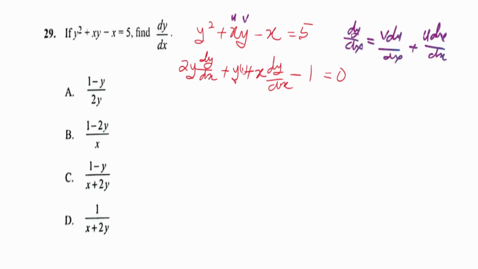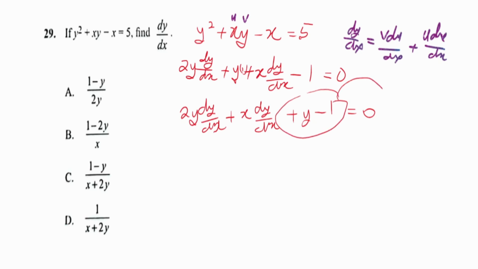Then remember I told you earlier that we have to group the dy/dx terms and make dy/dx the subject. So let's do that quickly. This gives us 2y dy/dx, plus x dy/dx, plus y, I just move it to here, minus 1 equal to 0. Or better still, so that I don't waste too much time, I'll just move this to the right of the equal sign at once. So this will be equal to, let me bring the positive term first. So negative 1, when it comes to the right side, becomes positive 1.